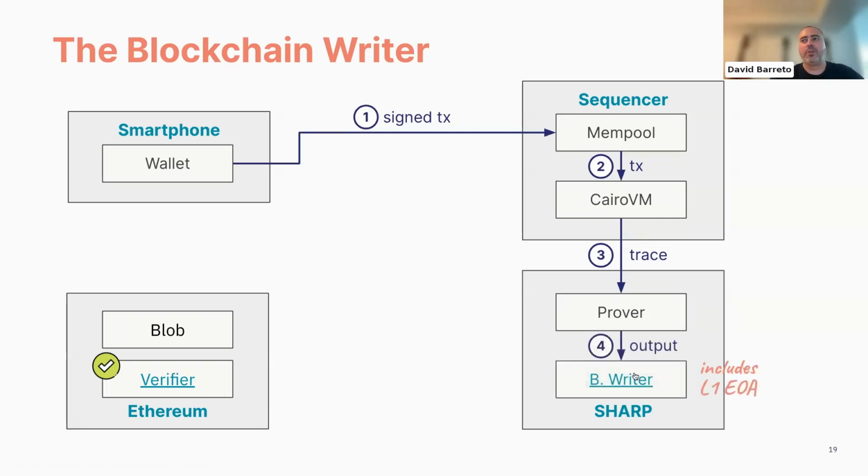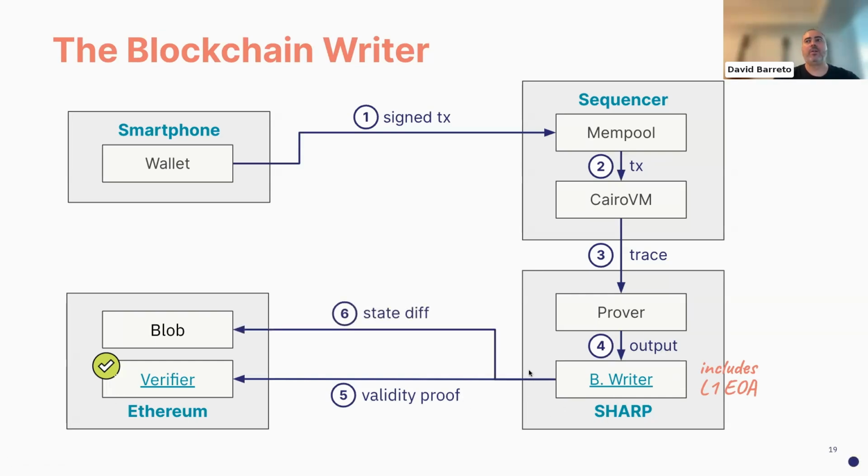So there is a module called the blockchain writer that includes an Ethereum EOA that is the middleman sending transactions to Ethereum, either the validity proof, the output from the prover. The blockchain writer is the one that mediates to send it to the verifier or to post the data, the state diff, as a blob. Just to let you know that Sharp is more than just a prover, it has more modules.